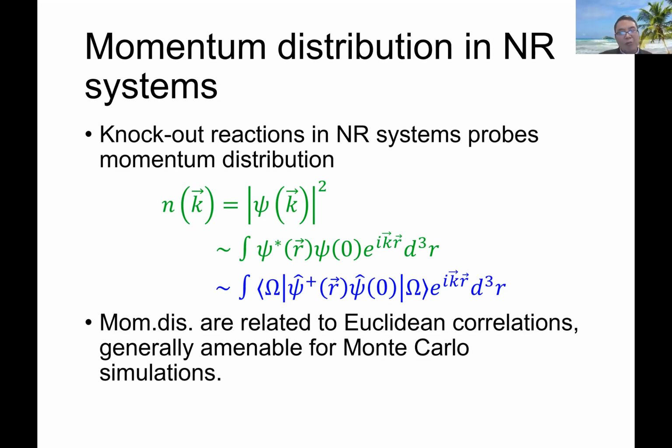A momentum distribution is related to spatial correlations of fields, and these are Euclidean correlations. For Euclidean correlations, they should be solvable using classical Monte Carlo simulations. So what I'm saying is that the origin of the problem is not as complicated as we think.